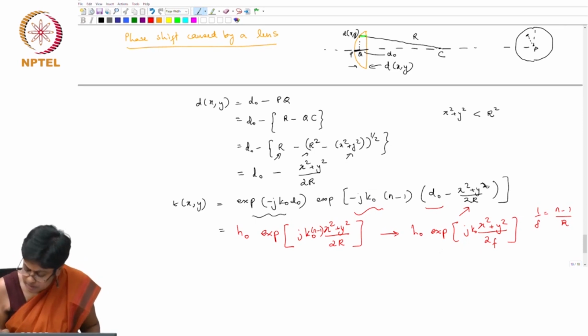And you'll often see this expression written like this, or written as j k naught rho squared by 2f.